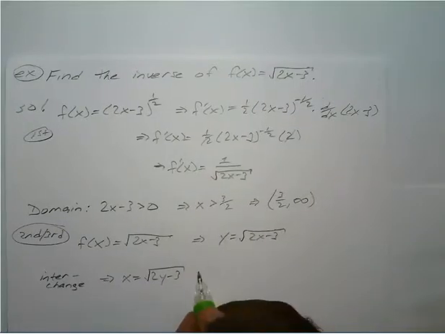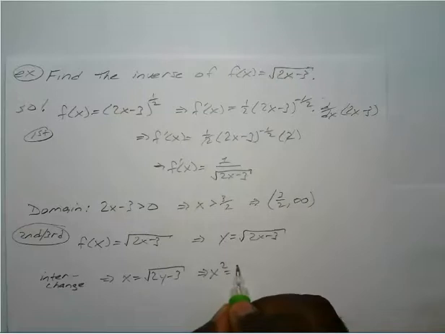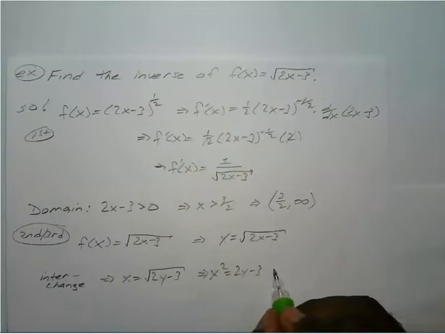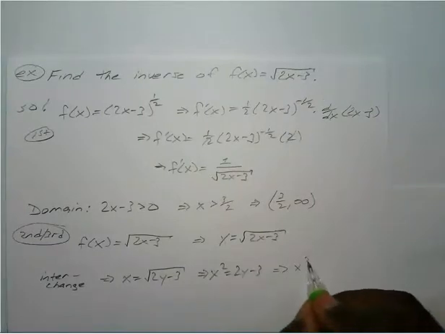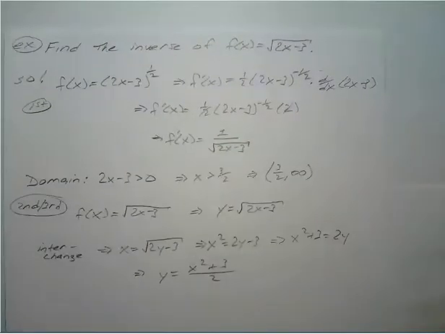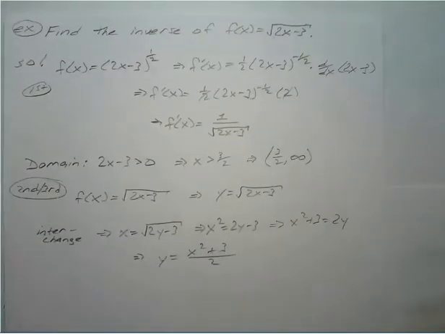So if we square both sides, that's x squared equals 2y minus 3. We add 3 to both sides, we have x squared plus 3 equals 2y. Divide everything by 2. That gives us y equals (x squared plus 3) divided by 2. So that brings us to our fourth step.